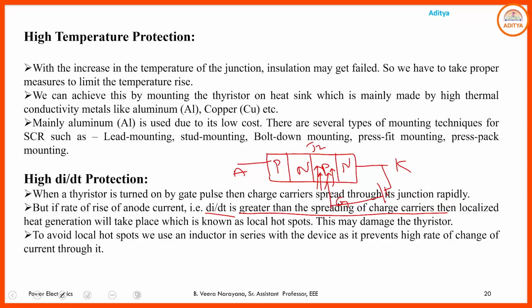If local hotspots are formed, the junction temperature may increase. If the junction temperature exceeds a certain value, the SCR may get damaged. So to protect the SCR from di by dt, we use an inductor in series with the SCR.